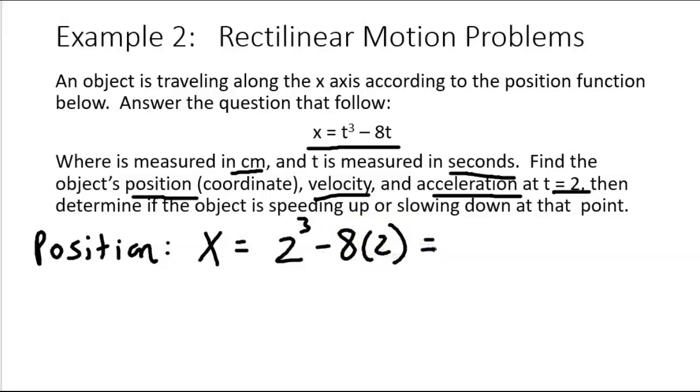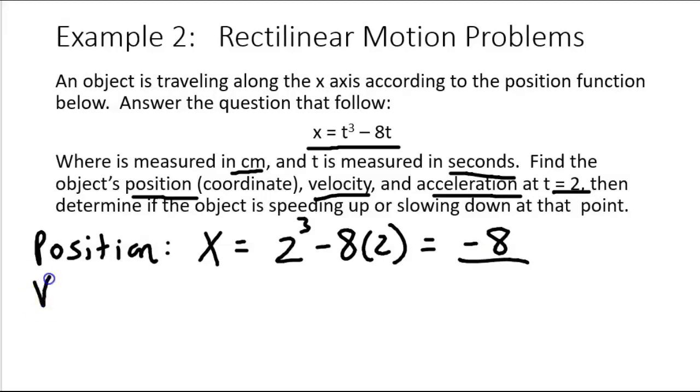So 8 minus 16 is negative 8. What this tells me is that this object, moving along the x-axis, will be at position negative 8, which means it'll be 8 spaces to the left of 0 at time t equals 2.